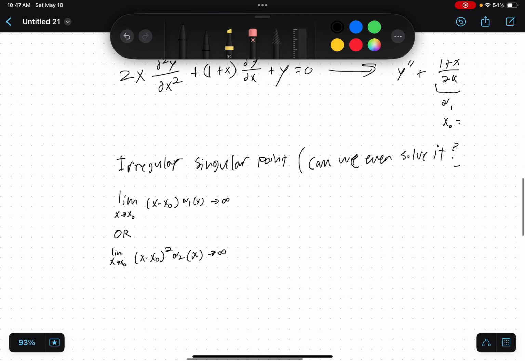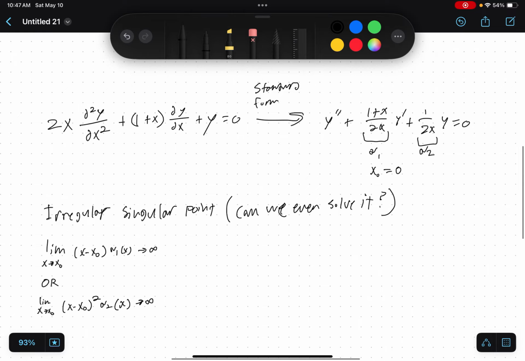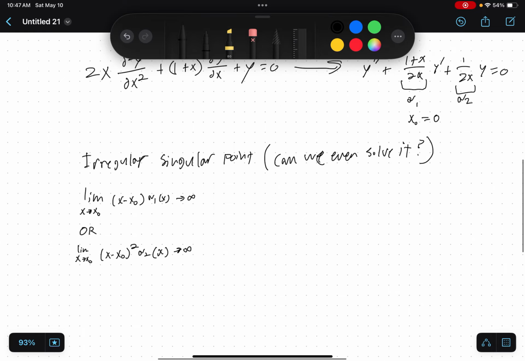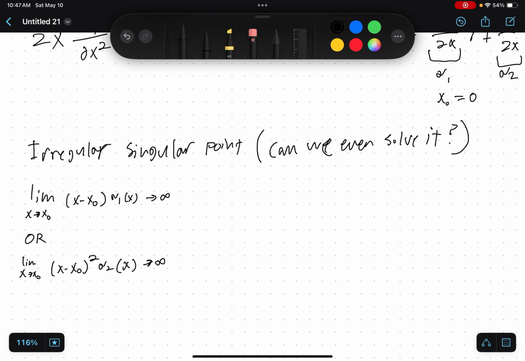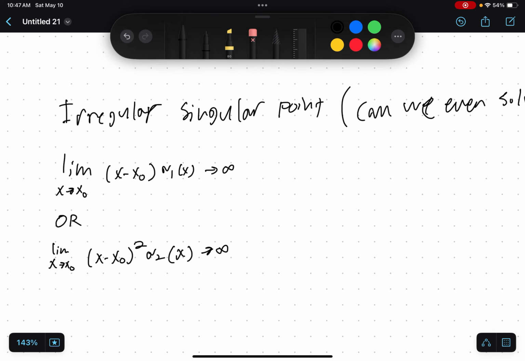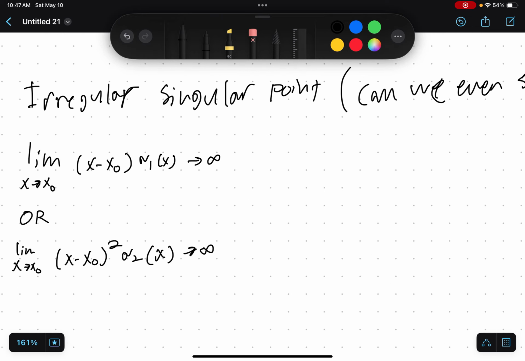And to be honest, if you just thought about it, you could come up with these checks.